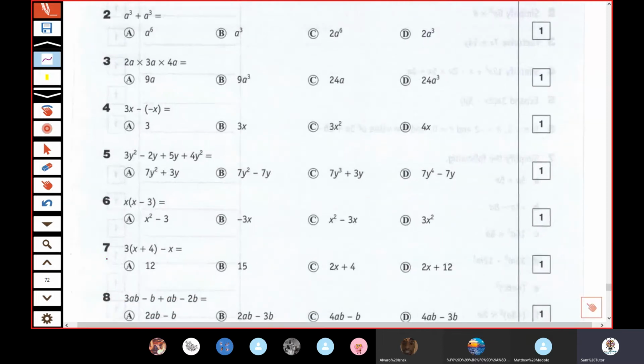We're going to try to do question 2 to question 8 right now. Question 2 to question 8. And I'll just pick you randomly. Let me tell you who's going to try each one.